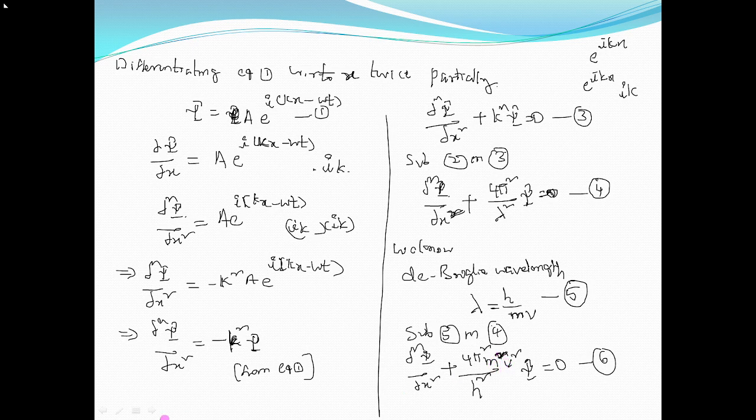How will we do it? We'll see now. So, we know total energy is given as energy is equal to potential energy plus kinetic energy. So, I can write it as energy is equal to potential energy, which I will take as V, plus kinetic energy, which is half mv square.